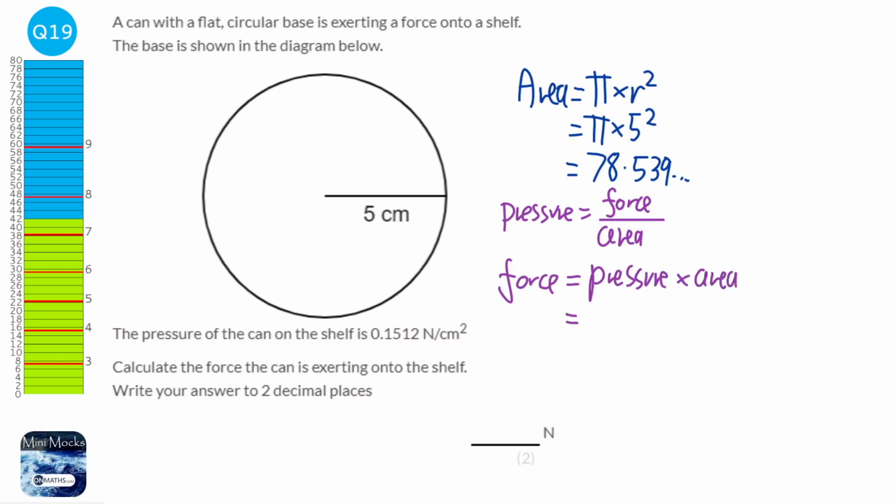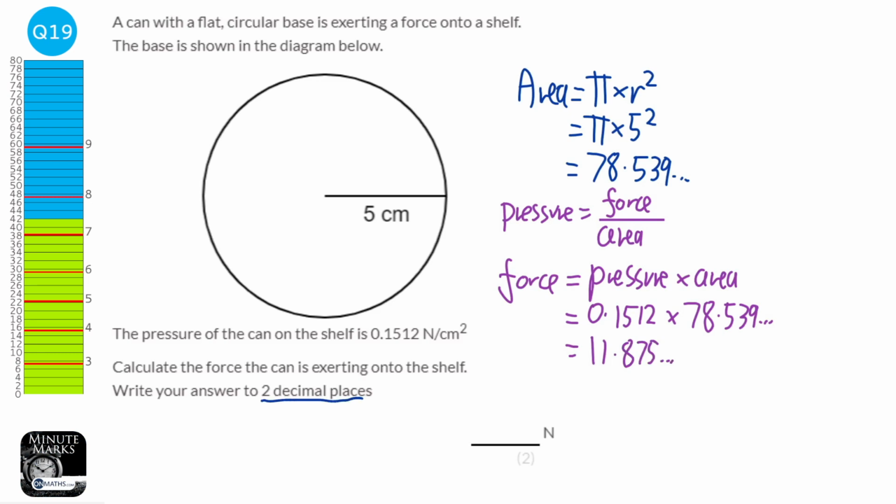Pressure, it says, is 0.1512. The area we found out in the previous question, and we keep that in our calculator, so we keep the accuracy up. And when you do that, you get 11.875..., rounded to the 2 decimal places it asks for, and you get 11.88 newtons.